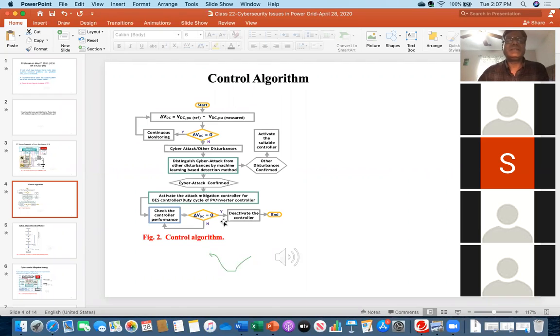So once you get the desired value of the voltage, then deactivate the controller and the processor. And if it is not, and there is still some value, this means the controller still needs to adjust. So keep going, keep going. This is the loop.